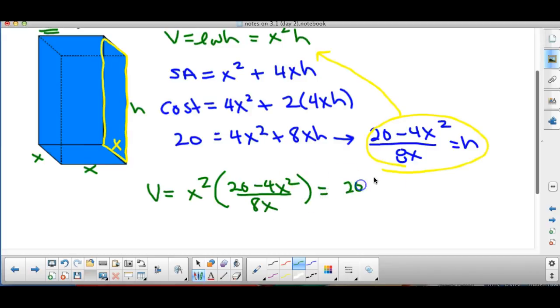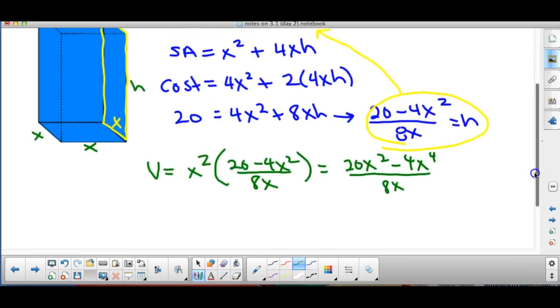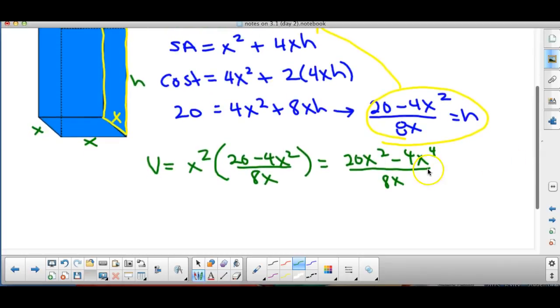So we're going to have 20x squared minus 4x to the 4th all over 8x. Now we need to take the derivative to get the maximum volume. However, we might want to simplify this first, because otherwise we'll have to use the quotient rule. So let's simplify this first.